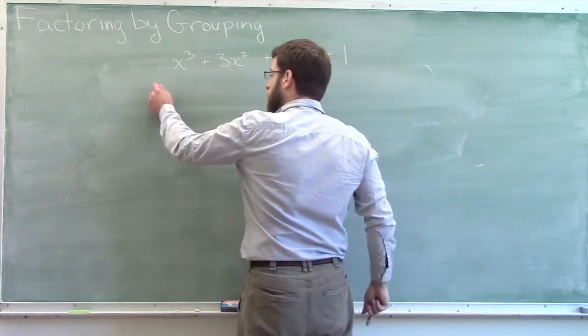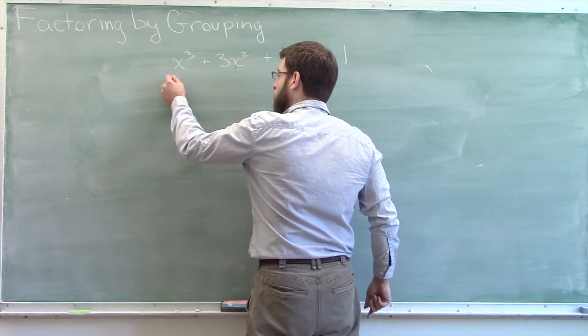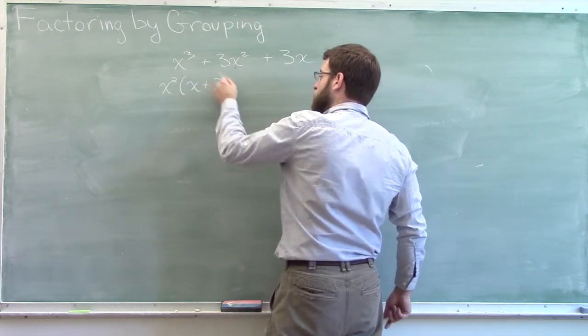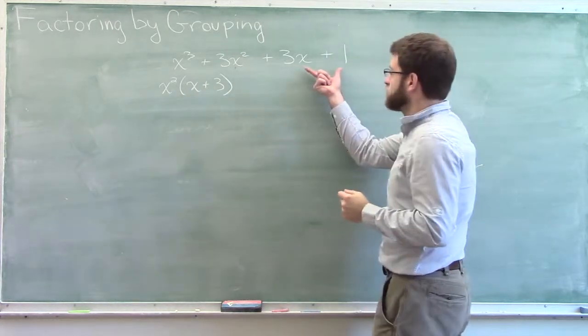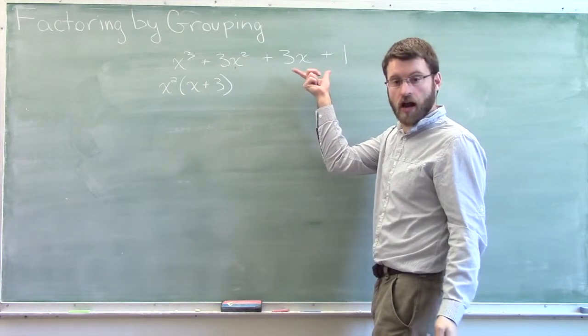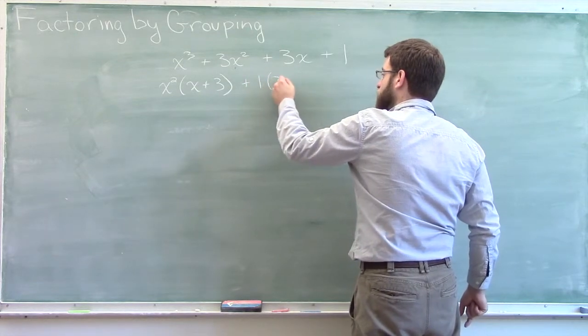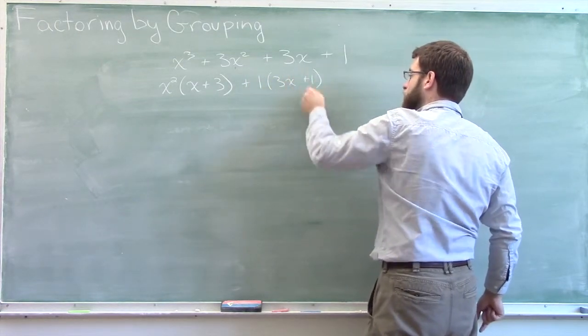So if we factor that out, this will become x squared multiplied by x plus 3. And in the second terms, they don't seem to share anything. So I can think about this as 1 times 3x plus 1.